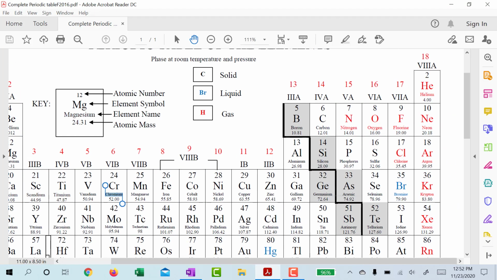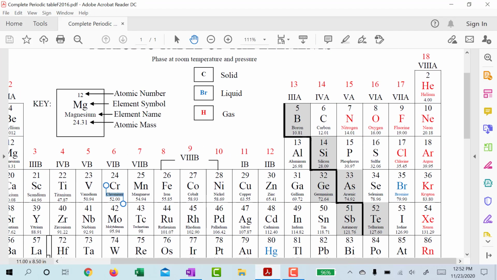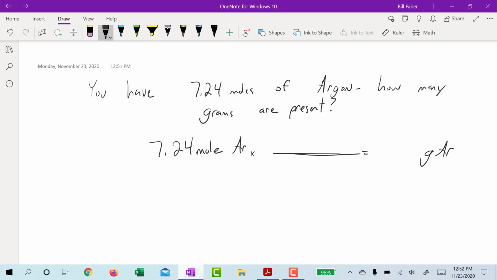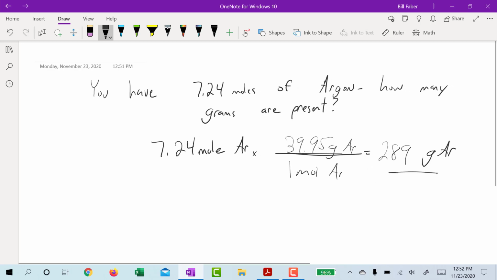Then I get that off my periodic table. Argon is 39.95, 39.95 grams in every 1 mole. And I know that I put that on the top because I want grams on top. And then I just take 7.24 times 39.95, and I get, with 3 significant figures, 289 grams of argon.